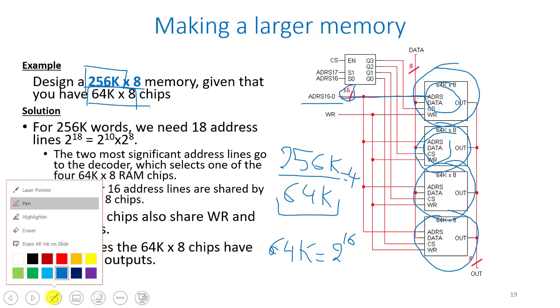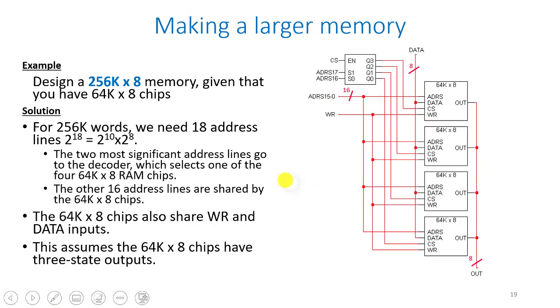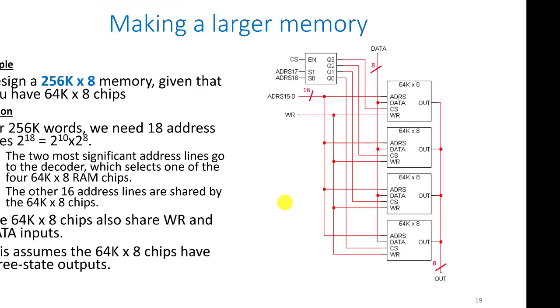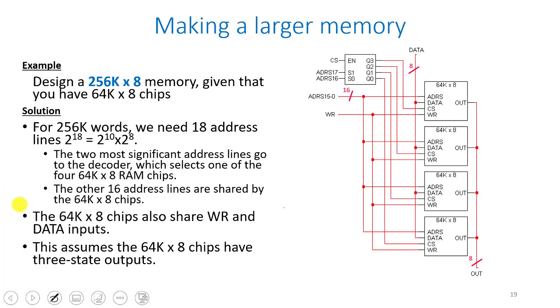256K is what? It is 2 to the power 18. So we have 18 minus 16.